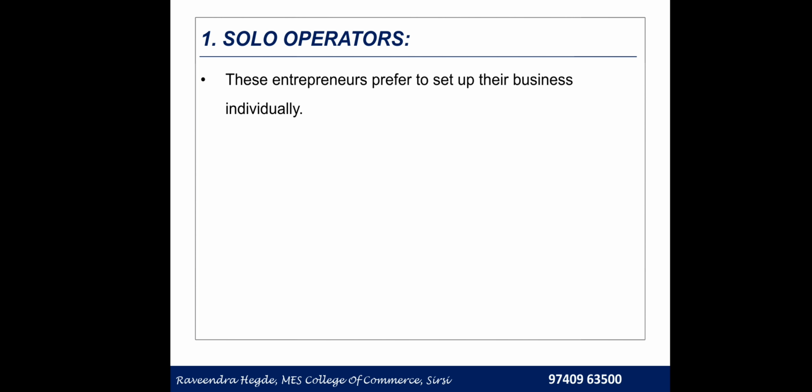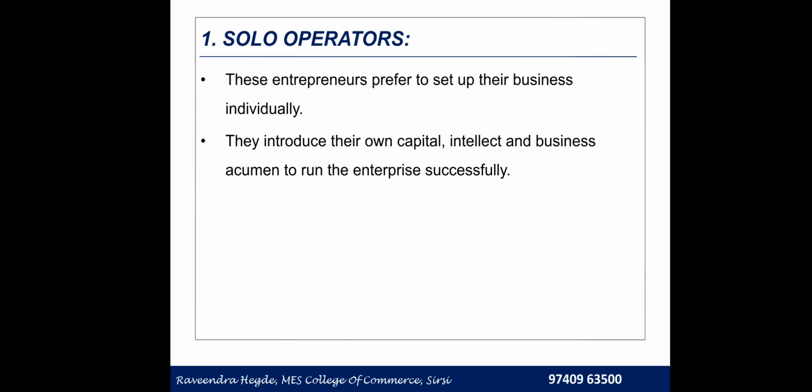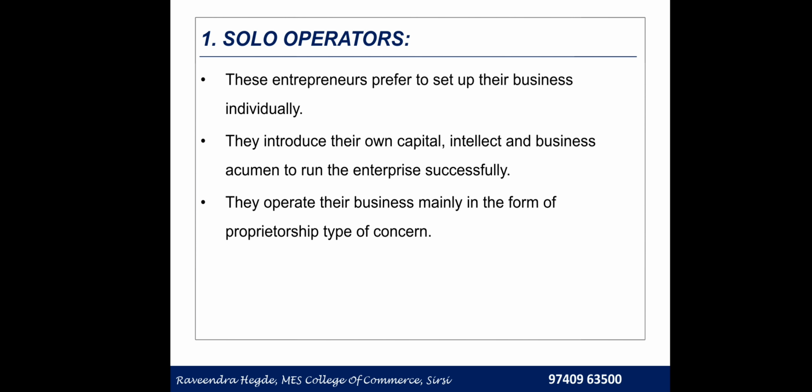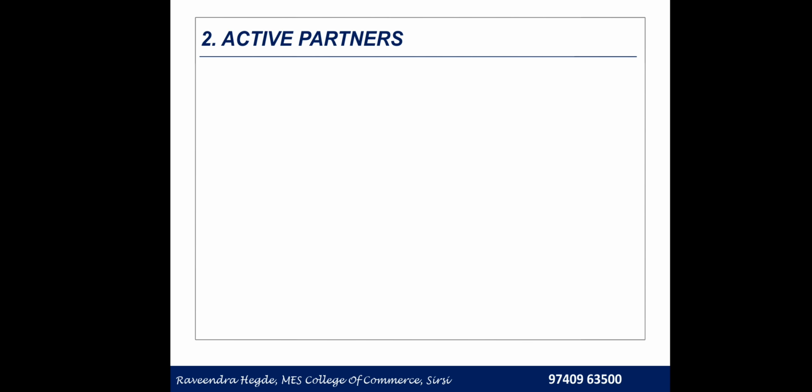In the beginning, most entrepreneurs start their enterprise like them. So, these entrepreneurs prefer to set up their business individually. They introduce their own capital, intellect, and business acumen to run the enterprise successfully. They operate their business mainly in the form of proprietorship type of concern.